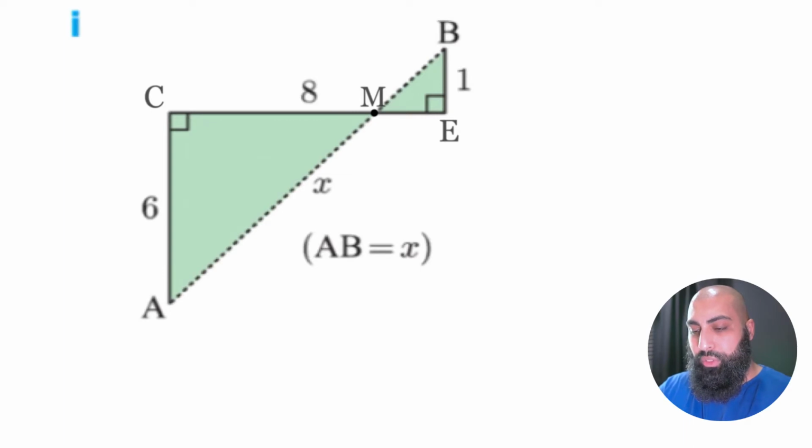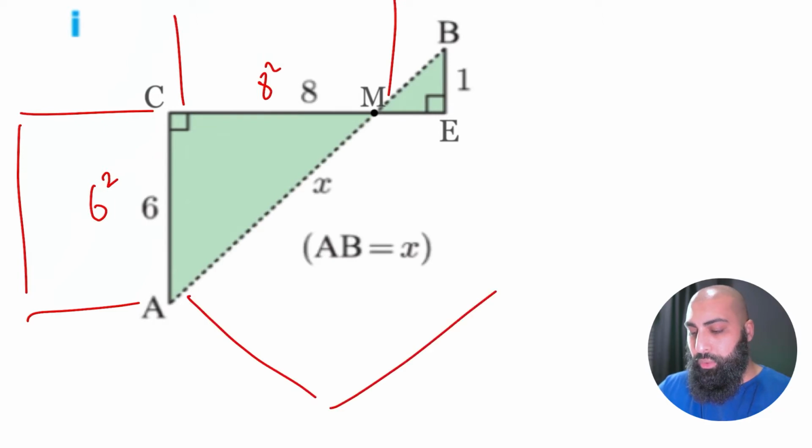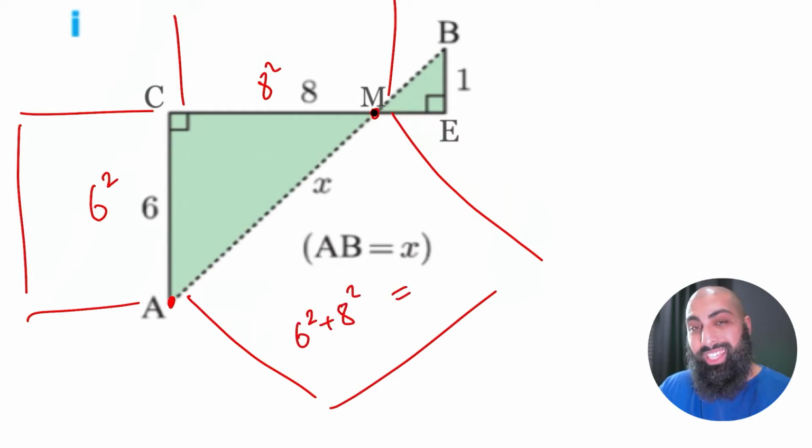So in order for me to do that, 6 squared, this square here, plus 8 squared, this square over here, is going to be equal to the bigger square. So this length from A to this intersection is 6 squared plus 8 squared. Let's just call it D for now, the distance.